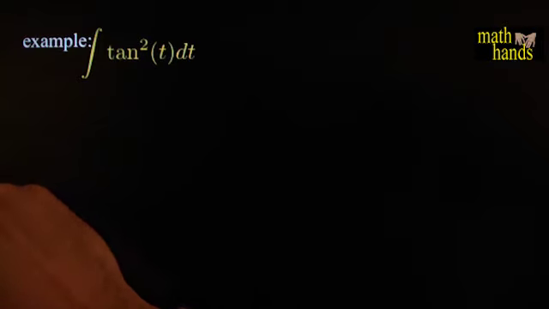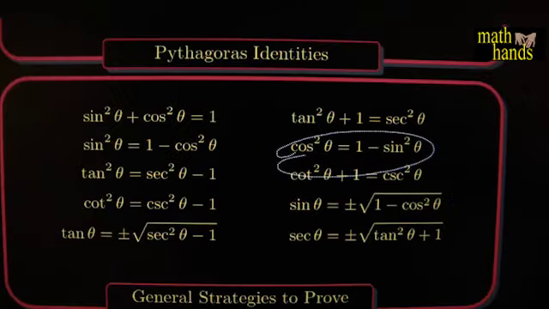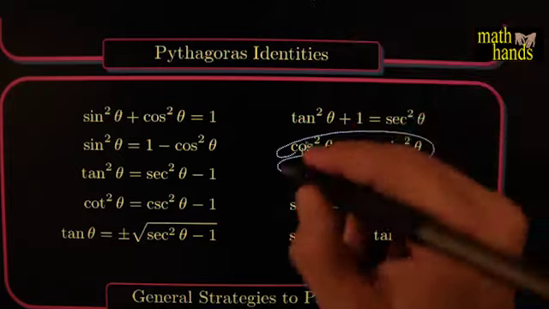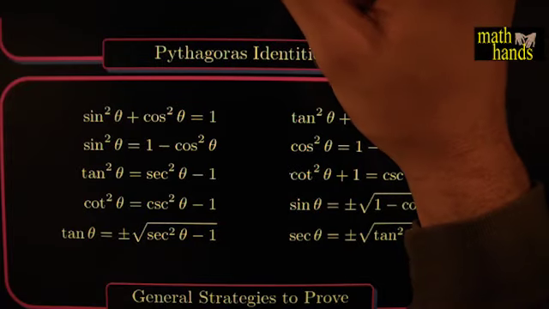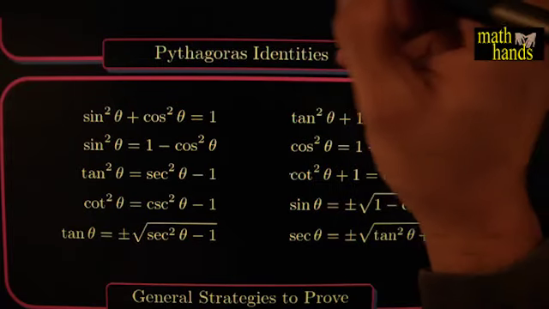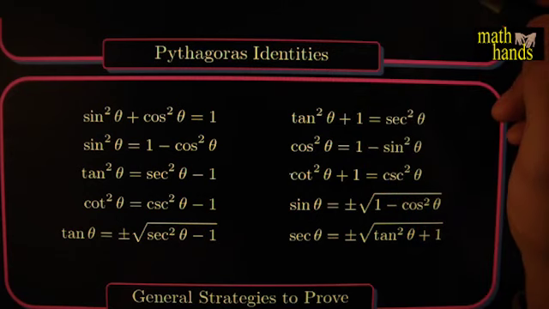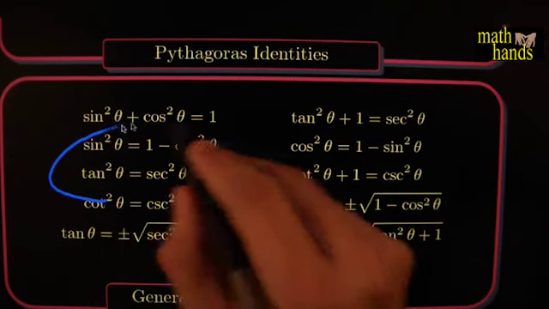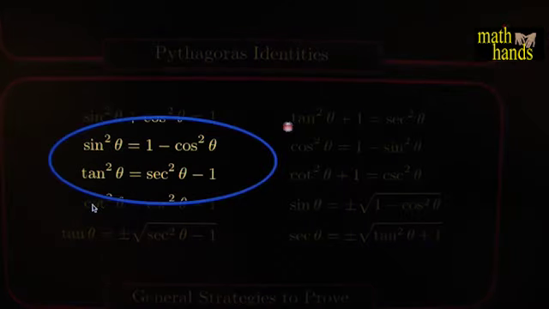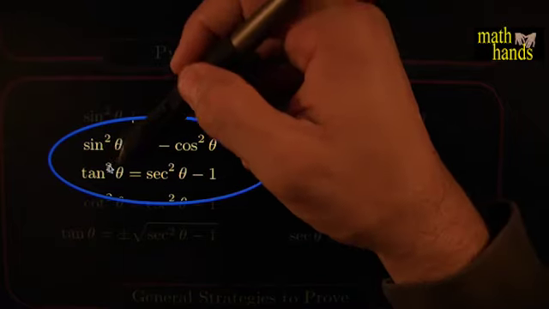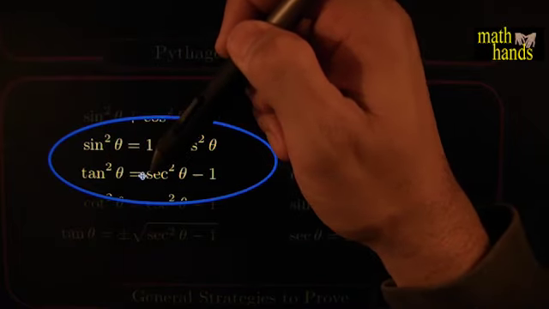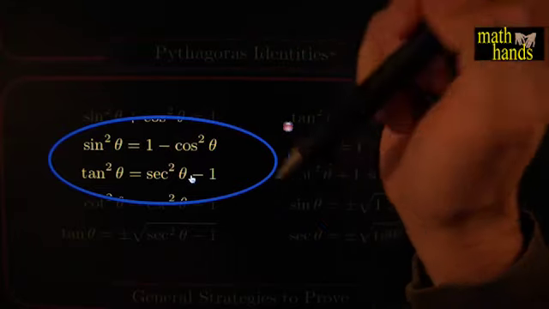Famous trig identities. What does the famous trig identities thing tell us? Right here, I'm looking at this one. Oh, this one tells you how to exchange. It tells you every single tangent square can always be exchanged for a secant square theta minus 1.